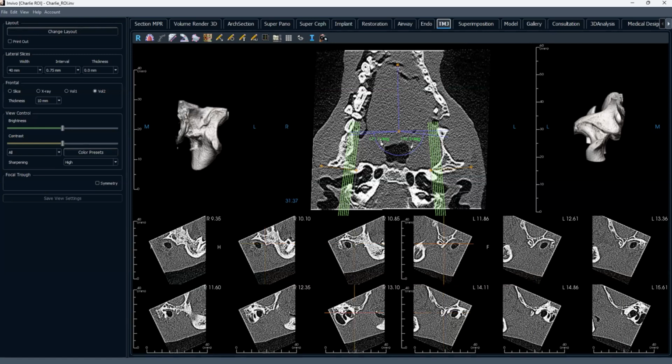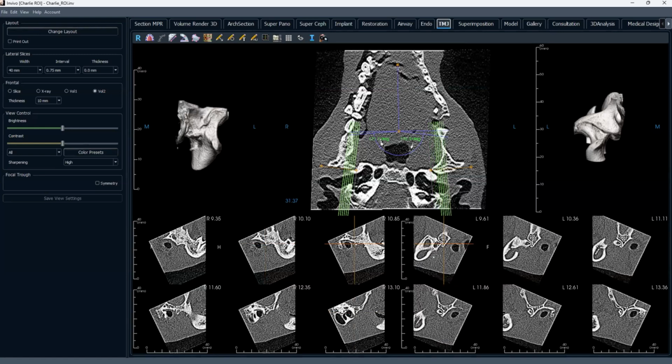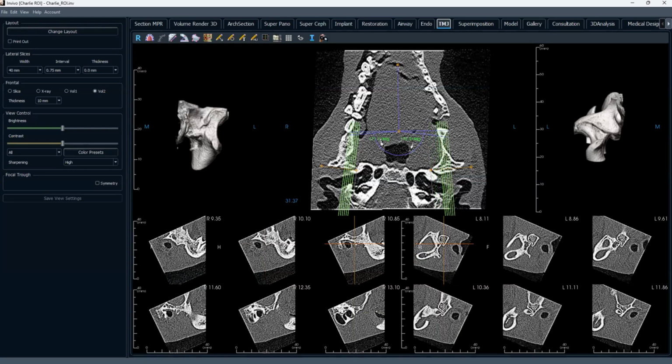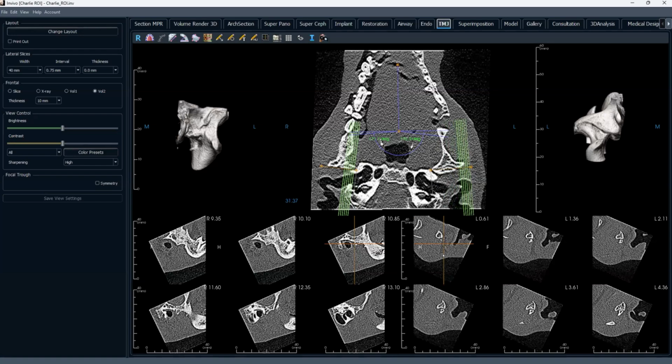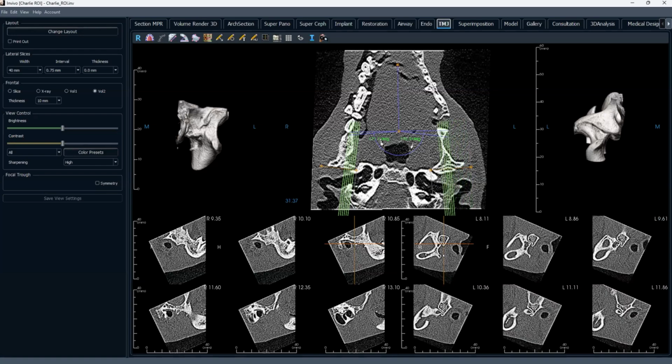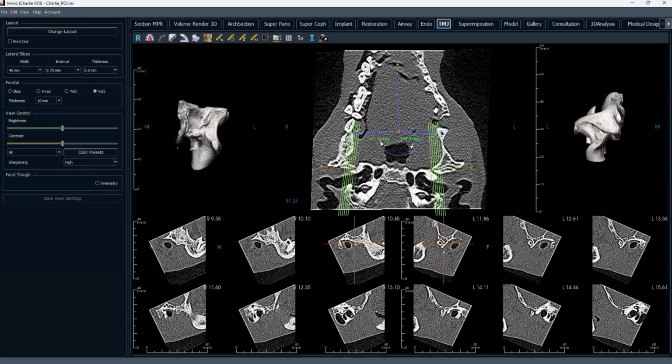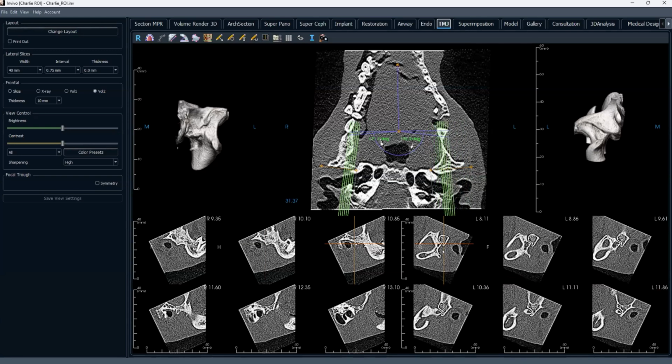And so now, I've already set this all up so we can look at the detail through these TMJs as we roll through, and it is even finer. As we go through the whole left joint, you can see that the joint space is continuous all the way through, and overall the structures look happy, and it looks like they're going to be functional.